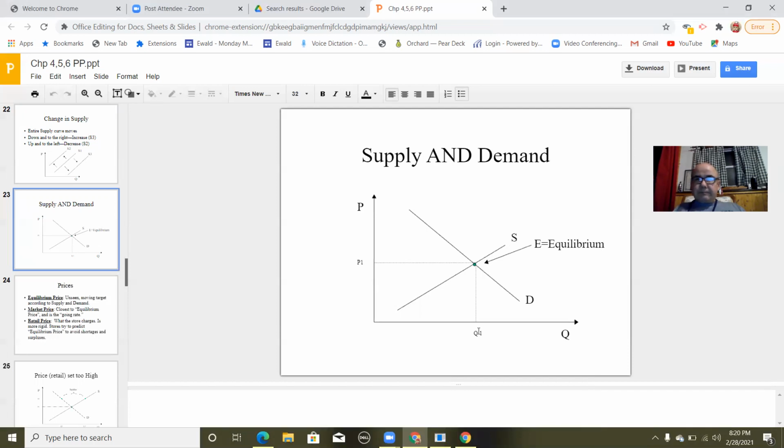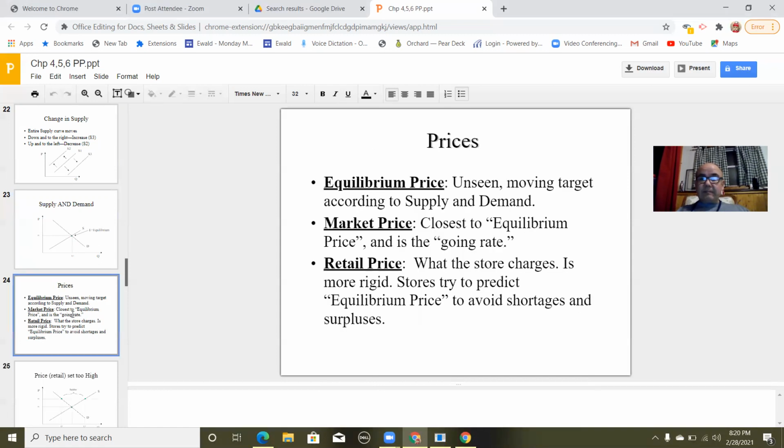For example, in one of the classes, that ended up being around $1. I had 5 Mountain Dews, and 5 students were willing to pay $1 or more for a Mountain Dew. So the equilibrium price ends up being $1 in that case.